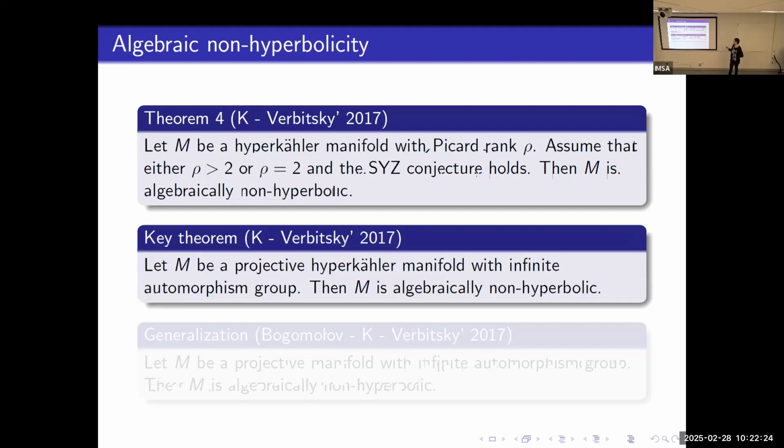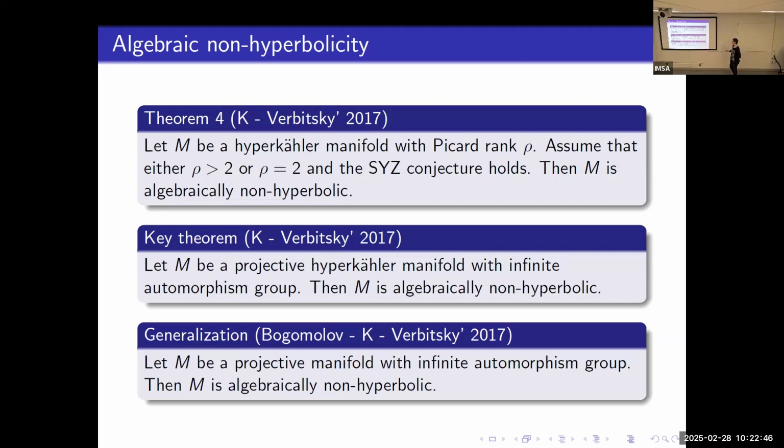So our proof relies heavily on the fact that if you have infinite automorphism group, then this implies algebraic non-hyperbolicity. And at first, Misha Verbitsky and I proved it for hyperkahler manifolds specifically. But then Fedor Bogomolov saw our proof and said, well, you guys can do it in general as well. You don't have to assume that N is hyperkahler.